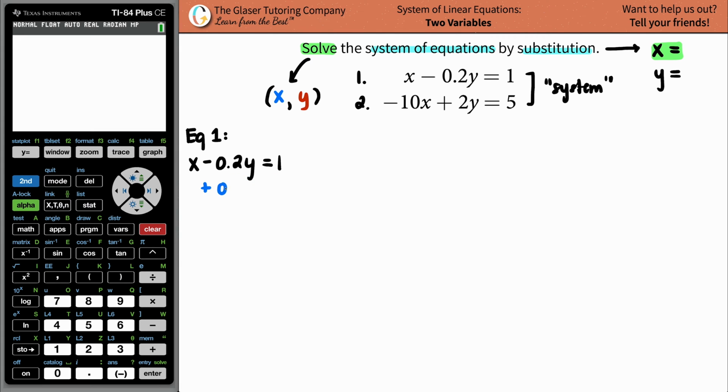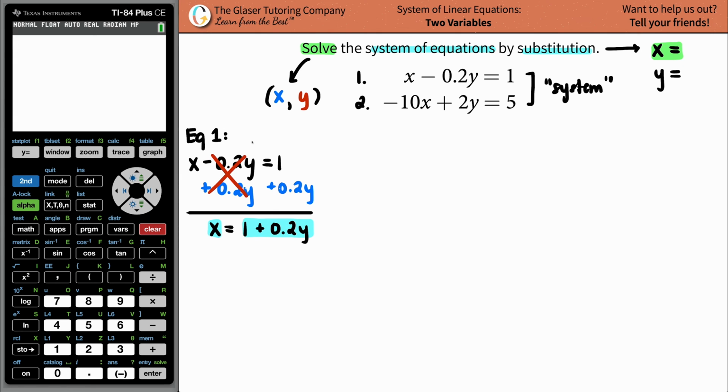So, plus 0.2y on both sides. How easy is that? This gets canceled out. Goodbye. And now x equals 1 plus 0.2y. And now we have the first part done. We now know that the x value is going to equal 1 plus 0.2y.